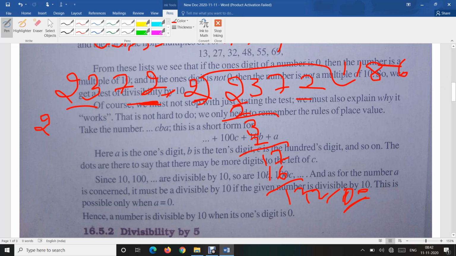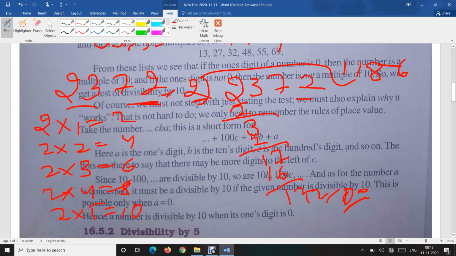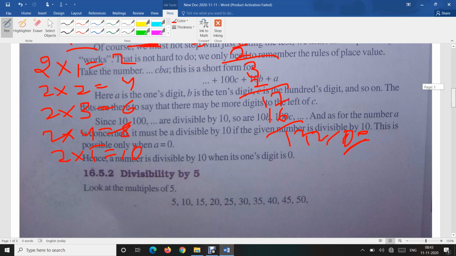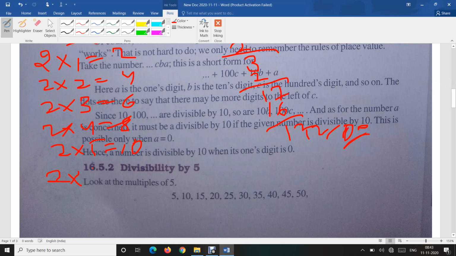See, we know that 2 ones are 2, 2 twos are 4, 2 threes are 6, 2 fours are 8, 2 fives are 10, 2 sixes are 12, 2 sevens are 14, 2 eights are 16, 2 nines are 18.